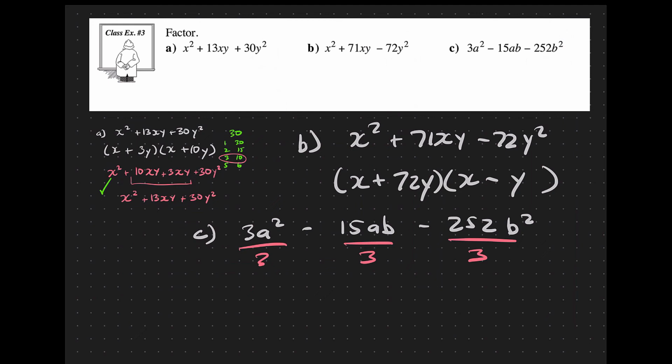So 252 divided by 3 is going to give us 84. 15 divided by 3 is 5, and 3 divided by 3 is 1. Looks perfect. So we pulled out a 3, and we're left with a squared minus 5ab minus 84b squared.